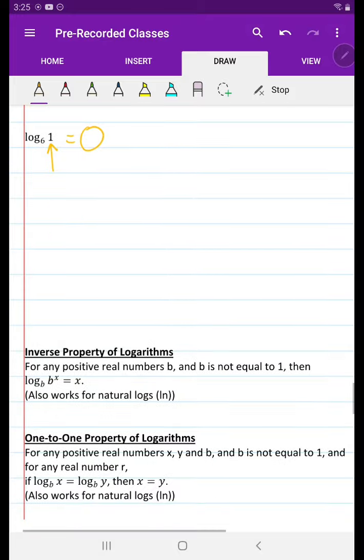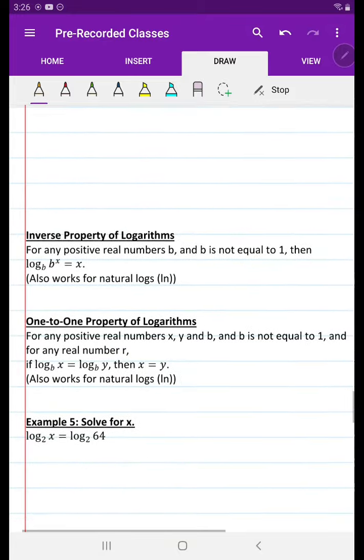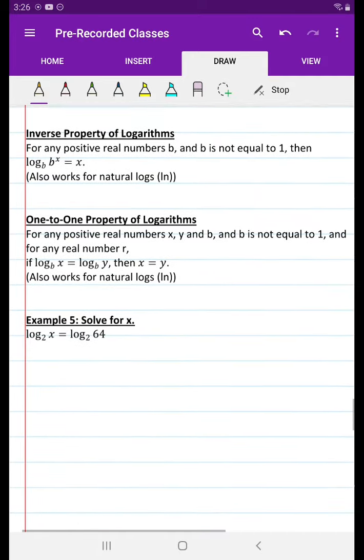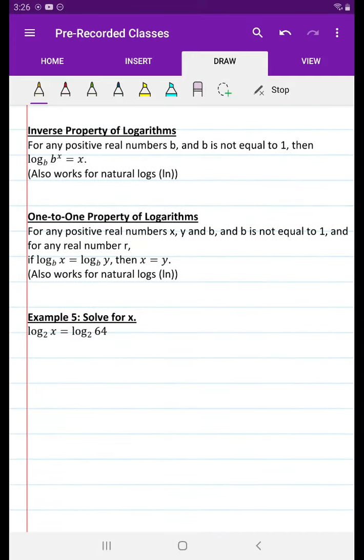So the inverse property of logarithms says, for any positive real number b with b not equal to 1, which is the same condition that we've been talking about all class, if you have log base b of b to the x, then the whole thing is just x. So what that means is if your base and your argument are the same, the whole thing equals the exponent on your argument. So I'll give you a quick example.